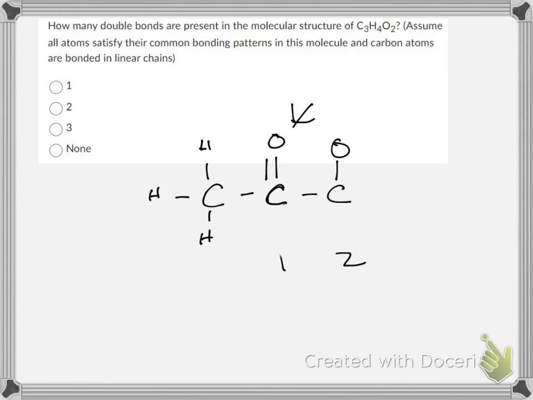Now carbon 1 has 4 electrons, and by putting the lone pairs in for oxygen, we put 2 double bonds in here. We're missing 1 hydrogen, so we can put that hydrogen here. And if we do that, each carbon has 4 bonds, each oxygen has 2 bonds, each hydrogen has 1 bond. We have the correct formula, so the answer is 2.